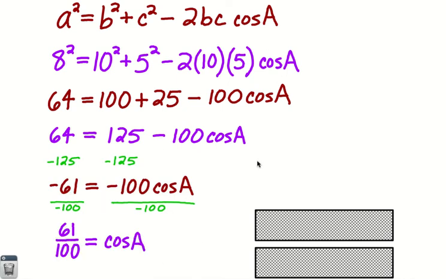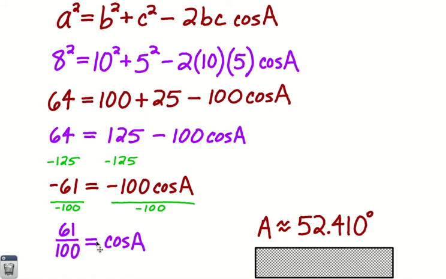But then, of course, you have to divide both sides by negative 100 and get cosine of A isolated that way. And then you're doing the inverse cosine, obviously. These are not new moves. These are the same moves again. So you do the inverse cosine of that fraction to get the answer for A, and it's about 52.410 degrees.